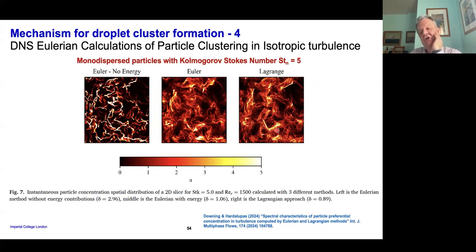A very interesting feature is that you see that the clusters, although they have a thickness of a Kolmogorov scale, are very long in the other direction, which in some cases covers a very large part of the volume that you observe here.